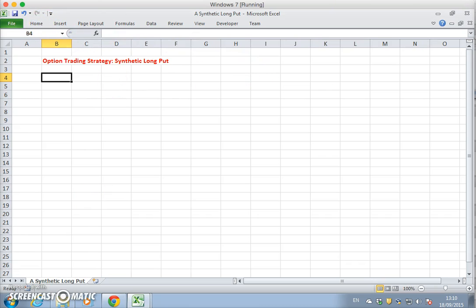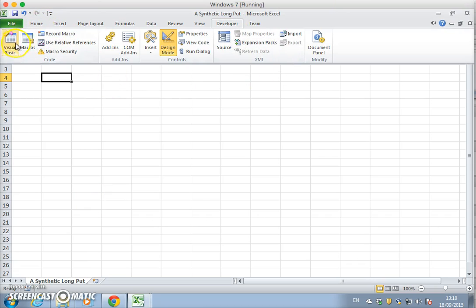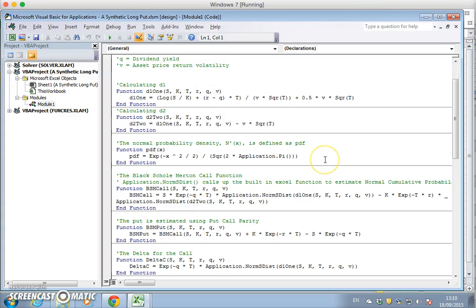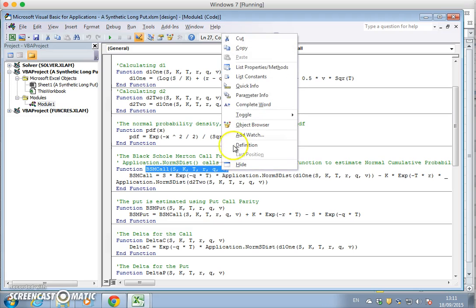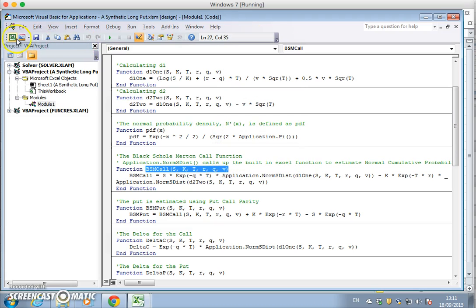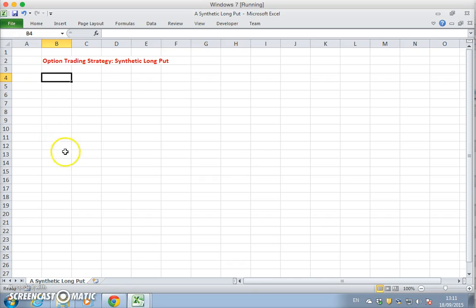Now we have code in the Visual Basic Editor, and I have called up BSM call. So let's take just that little bit of relevant code and go back into our spreadsheet, and we'll paste here.